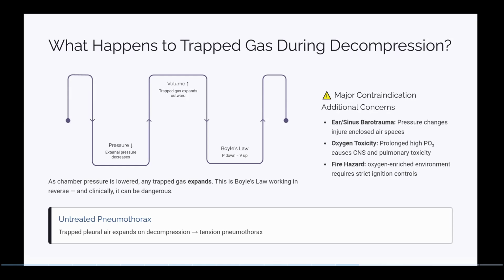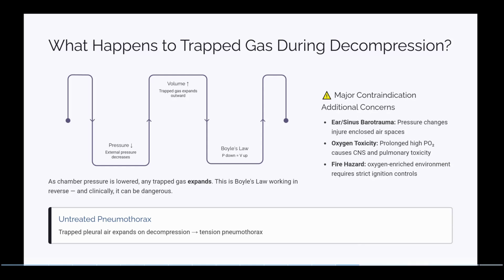Everything we just covered happens while pressure is going up. But at the end of treatment, pressure has to come back down. And Boyle's law runs in reverse. As pressure falls, trapped gas expands, right? That's usually fine, but think about a patient with an untreated pneumothorax, where air is already trapped around the lung.